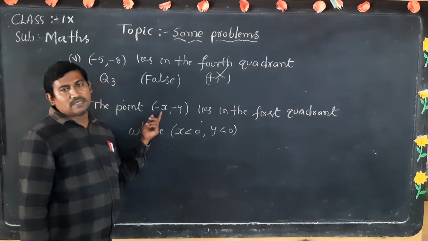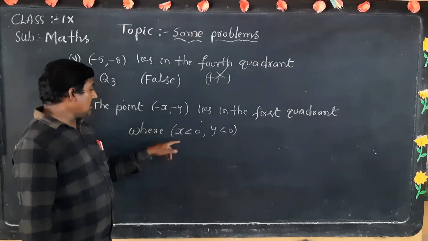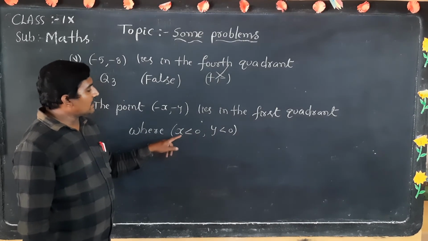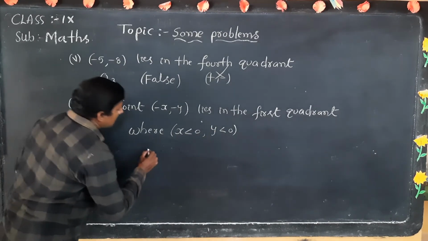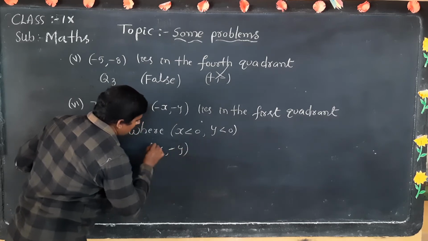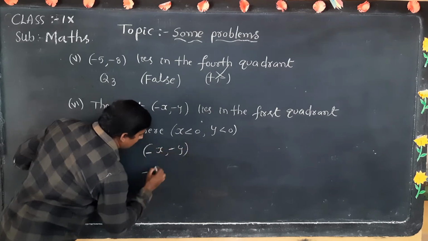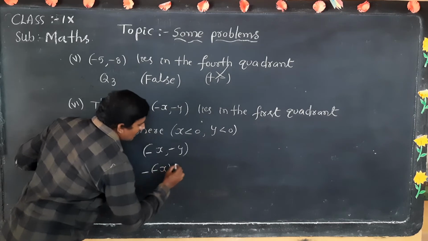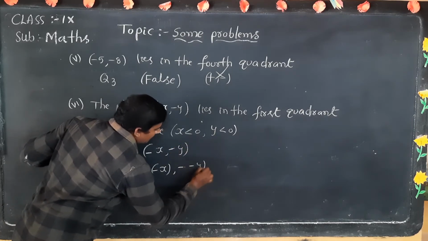Actually here minus x, minus y means minus comma minus, third quadrant. But see here, where x is less than 0 and y also less than 0, minus x comma minus y is equal to minus of x value, which is less than 0, again minus x, and minus of y, which is also less than 0, minus y.